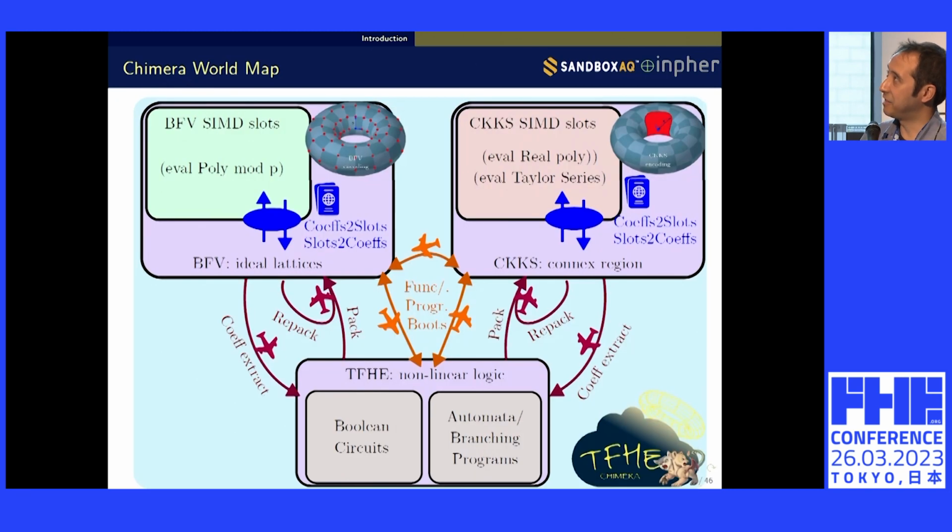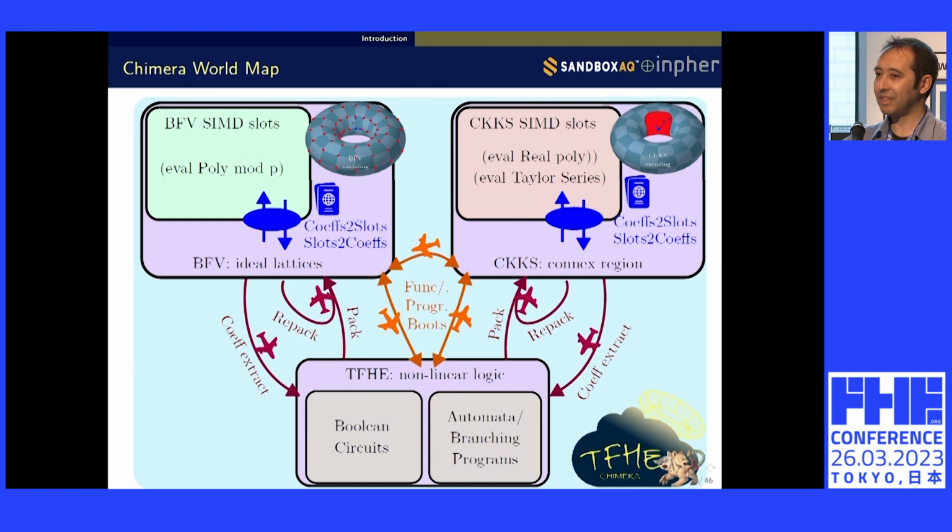So the idea of Chimera is to put all the capabilities of FHE together into a single world and try to draw all the roads and all the conversions that are between these different worlds. So on the top left, we have the BFV world. It's the world where you can do SIMD arithmetic modulo, for example, a small prime.